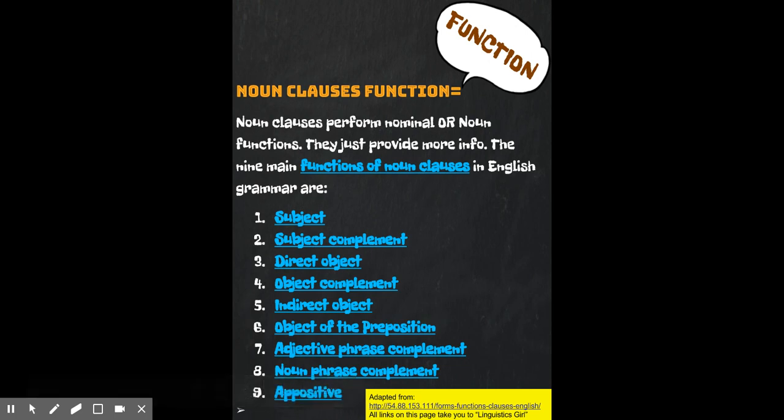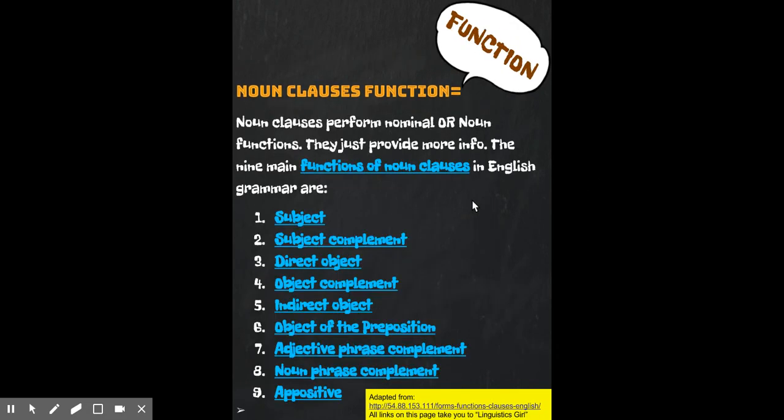All right, so the functions of noun clauses. Noun clauses perform the nominal or noun functions. They're just giving more information. There are about 9 functions of noun clauses. Some people say 11 for nouns, but we're just going to say noun clauses perform the same functions as nouns.